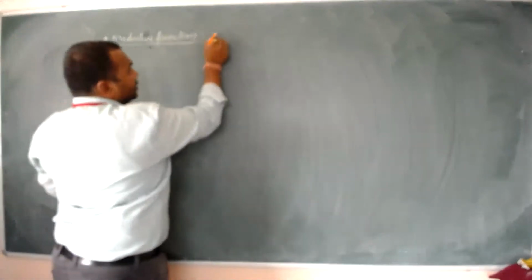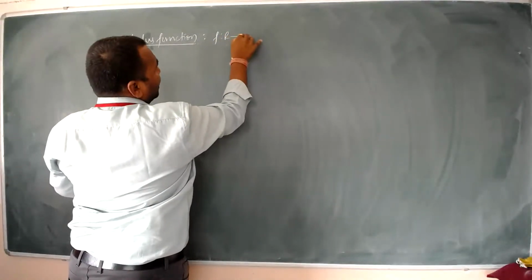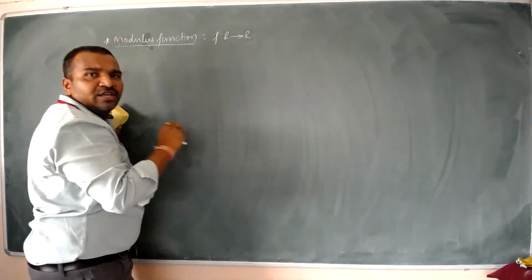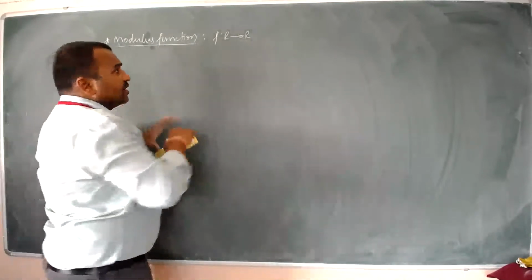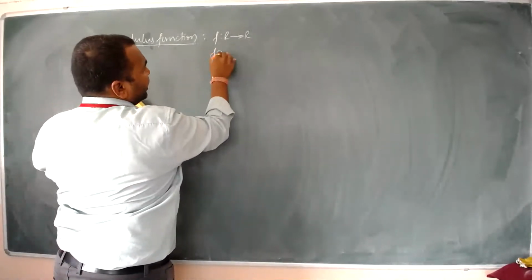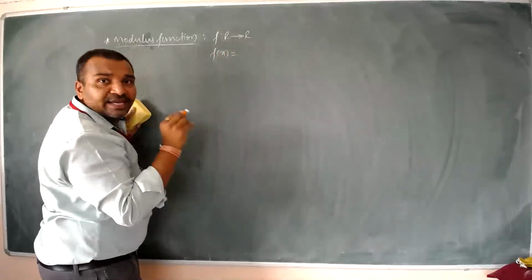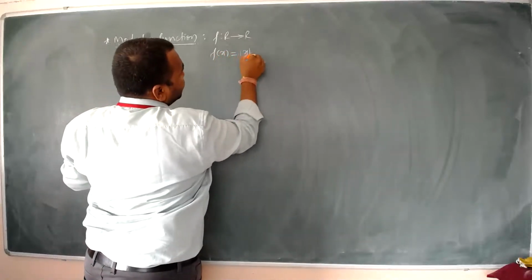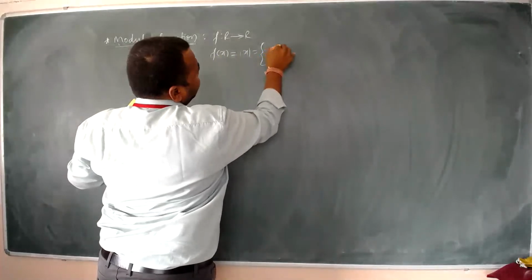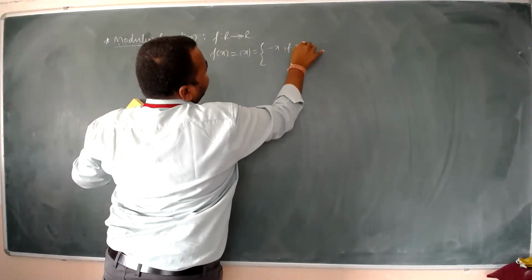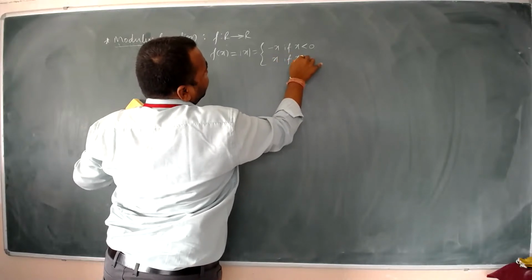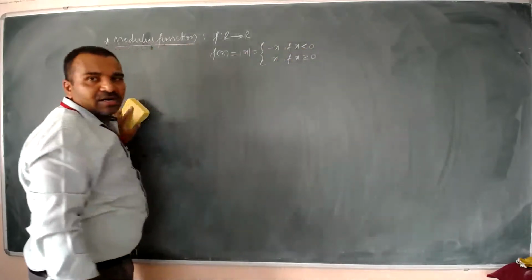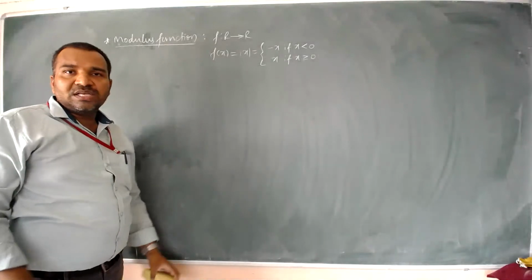A function f: R to R, where R is the real numbers, defined by f of x equal to mod x, which is equal to minus x if x is less than 0, and x if x is greater than or equal to 0, is called a modulus function.